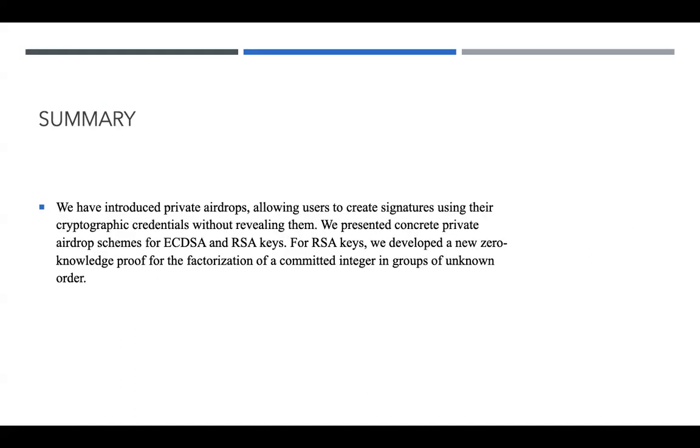So, in conclusion, in today's presentation, we have introduced private airdrops, allowing users to create signatures using their cryptographic credentials without revealing them. We presented concrete PADs for ECDSA and RSA keys. For RSA keys, we developed a new zero-knowledge proof for the factorization of a committed integer in groups of unknown order.